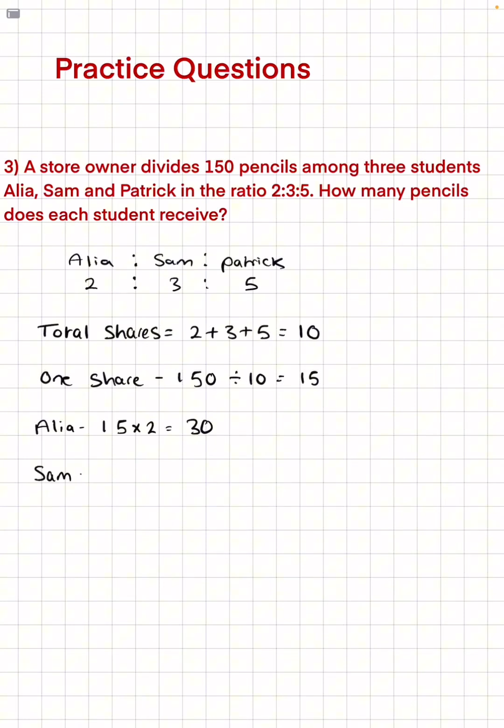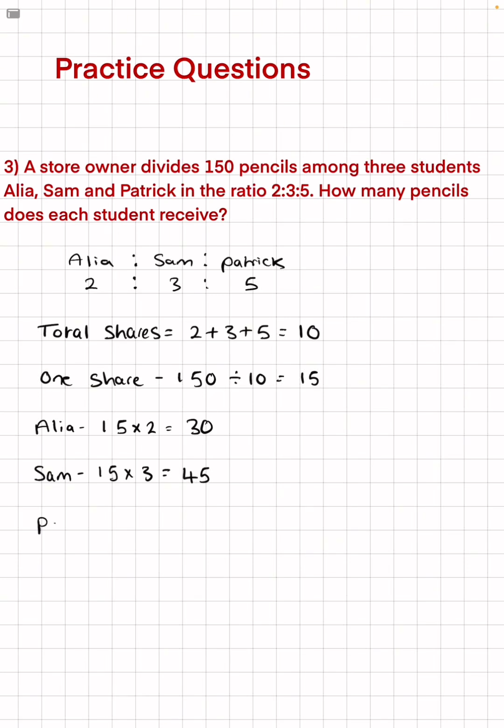To work out the number of pencils Sam receives, we can multiply 15 by 3, which equals 45. So Sam receives 45 pencils.